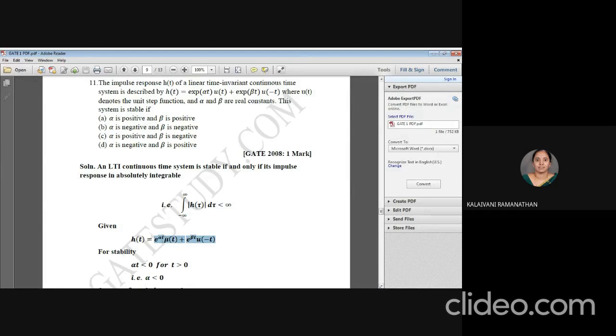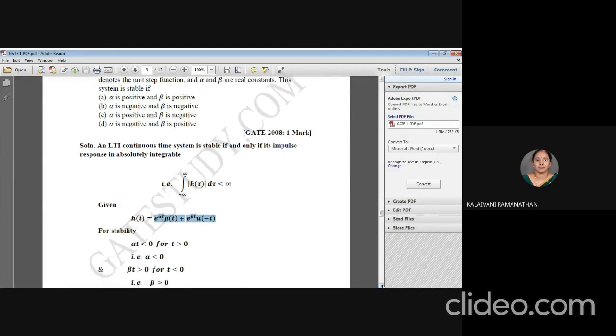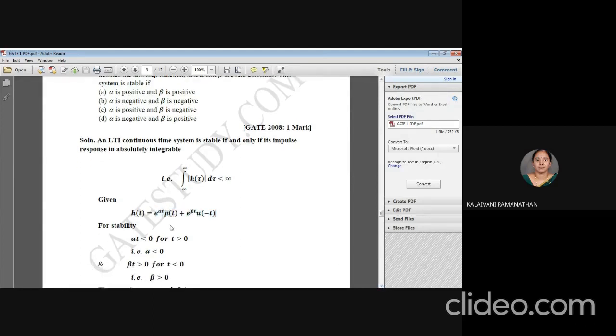In this case, the first term will be extending from t greater than 0. So this becomes finite only when αt is less than 0 for t greater than 0. So when you consider this term, α must be less than 0. Similarly, the second term will exist in the interval t less than 0.